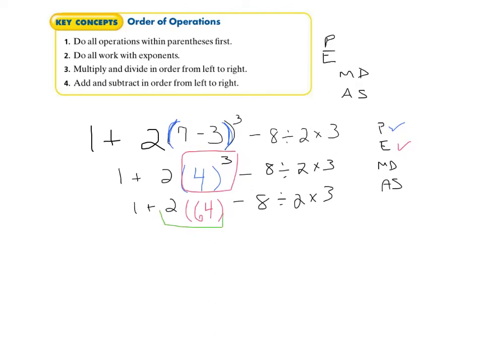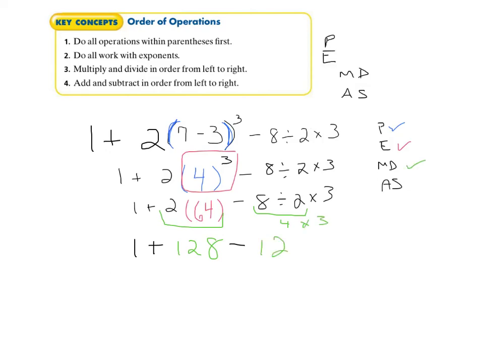So 2 times 64 is going to be 128. I leave the 1 plus in front. Then minus 8 divided by 2 is going to be 4. 4 times 3 is going to give me 12.